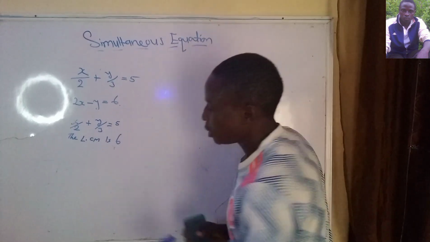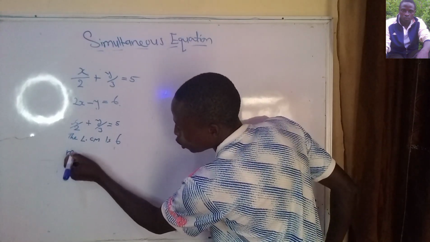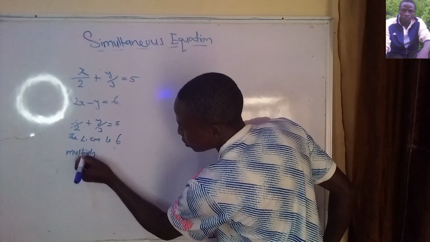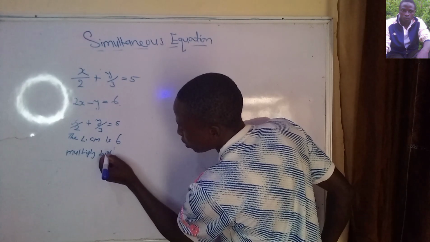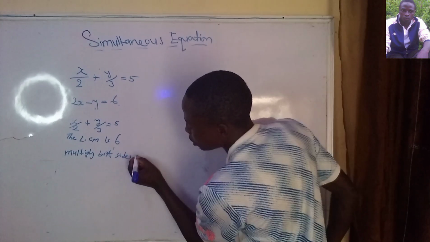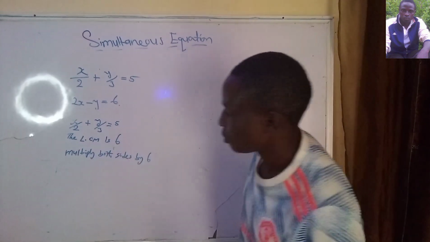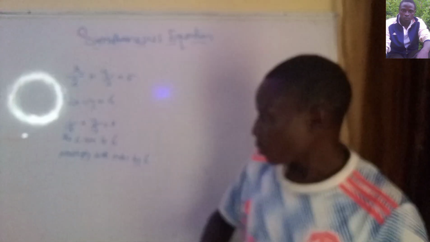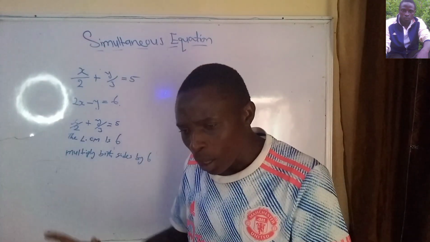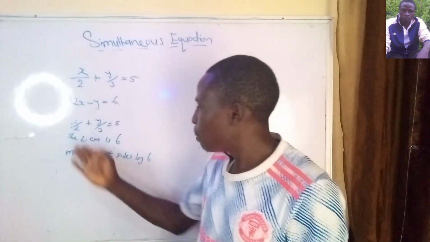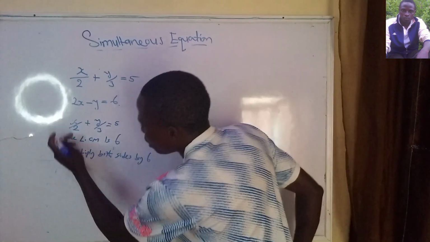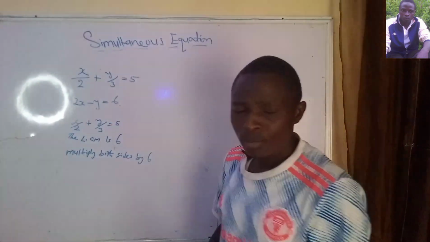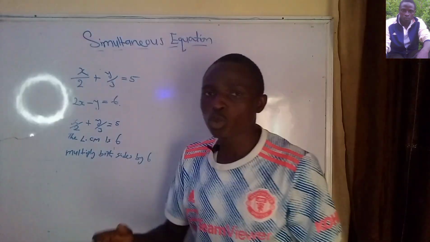Okay, since the LCM is 6, what I'm going to do is to multiply both sides by 6. Multiplying both sides by 6 means each individual term must be multiplied by 6. x over 2 is a single term. y over 3 is a single term, as well as 5 is also a single term.